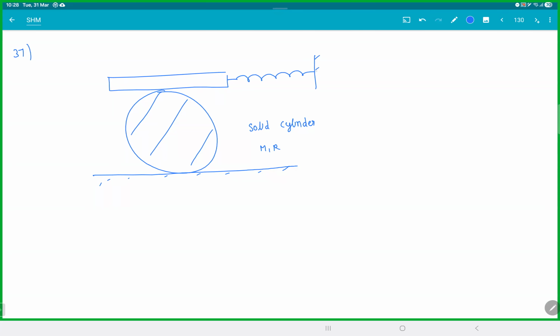We have a plank here, spring k. This is a plank of mass capital M. There is no slipping anywhere. So there's no slipping between the plank and the cylinder, and no slipping between the cylinder and the floor. Find the time period.